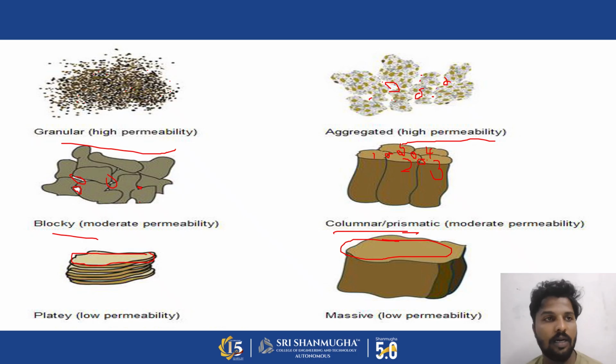I hope that you can understand why they have those particular permeability characteristics because of their structural arrangements. So that's why the structure also defines or influences the permeability and aeration of the soil. Okay, next we can move to the next slide.